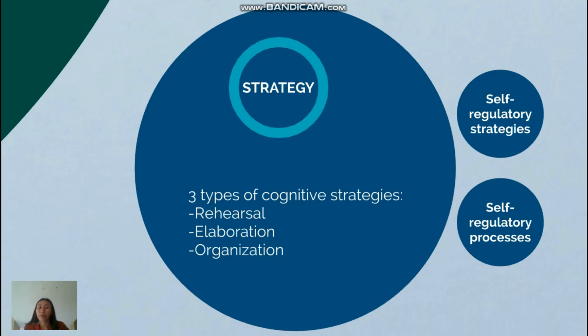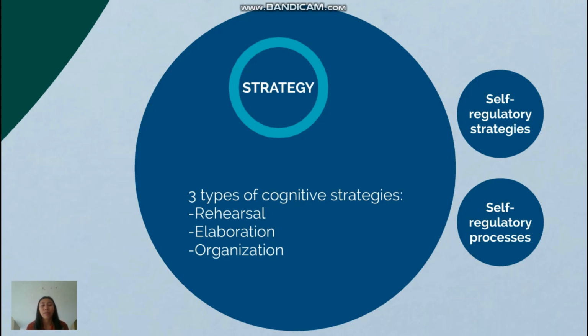There are three types of cognitive strategies. The first one is rehearsal, or known as rote learning. This strategy can help learners to attend to information and to remember. It can be very useful for memorizing significant historical dates, foreign language vocabulary, and many others. And the second is elaboration.